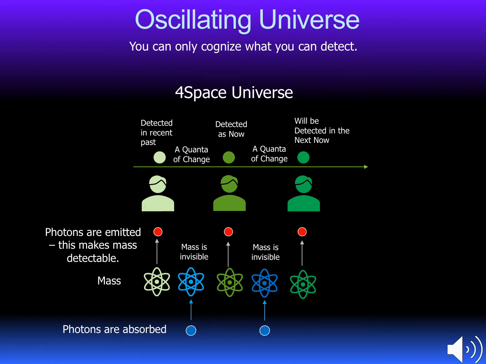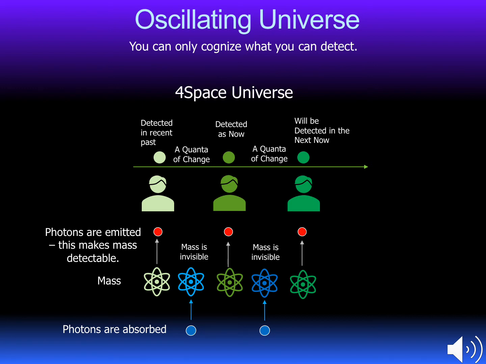So if there are no photons, there are no signals for our eyes to respond to, our nervous system, our skin, our ears, and they all generate electrical signals which get interpreted by the brain to be experiences of the world around us.